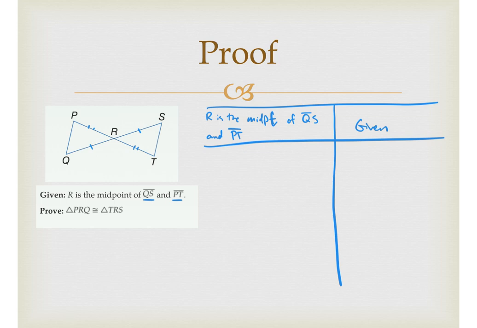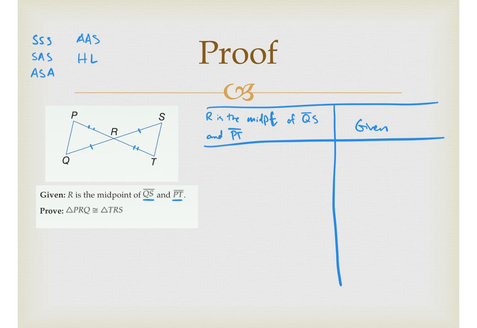And I'm trying to prove these two triangles are congruent. Interesting. So let's list out what we have. What do we know? What I mean by this is list out our postulates and our theorems. So I have side, side, side; side, angle, side; angle, side, angle. Those are my postulates. Here are my theorems: angle, angle, side, and then HL.